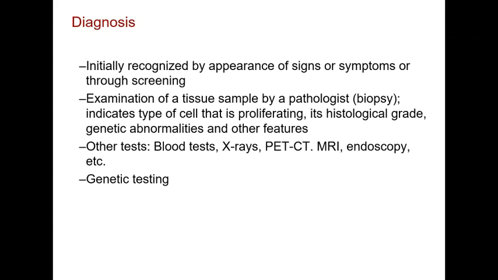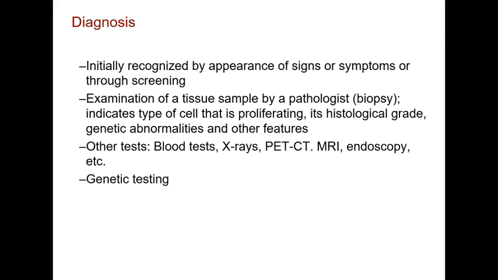And then this indicates what type of cancer it is and the histological grade, so whether it is grade 1, grade 2, grade 3, grade 4. Those kinds of things we can understand. We can also come to know about the genetic abnormalities that are there, whether there is a chromosomal breakage happening or there are certain mutations. All those things can be studied in biopsy samples, and we can also look at other features.